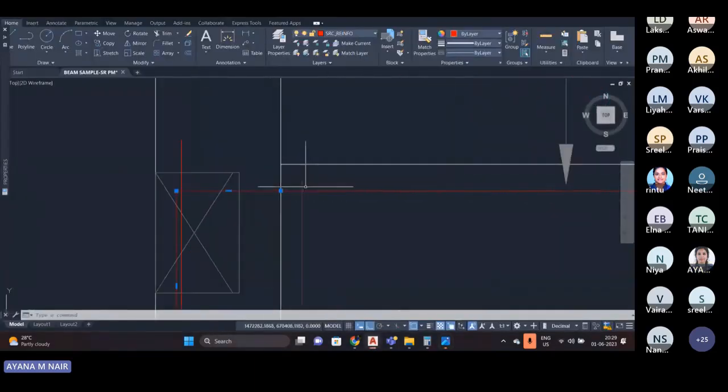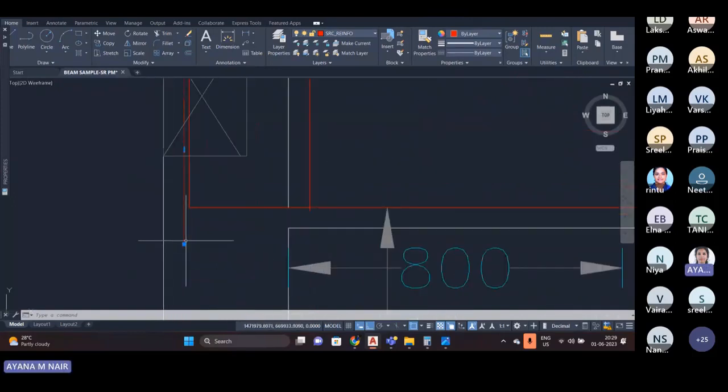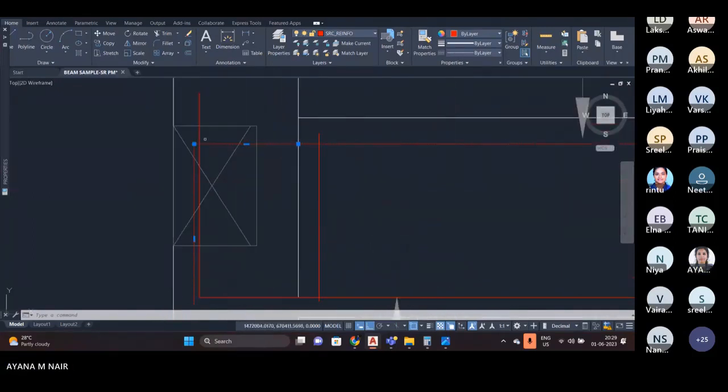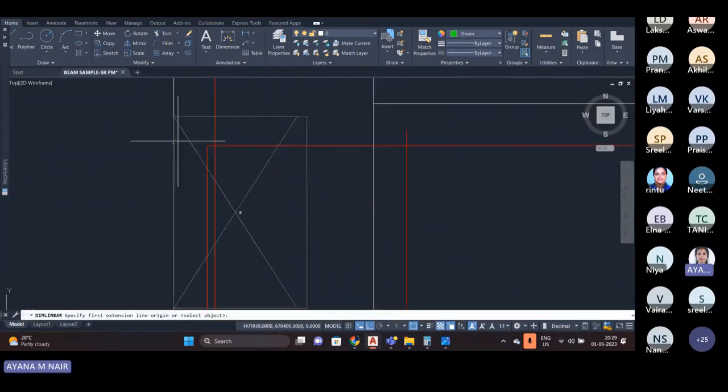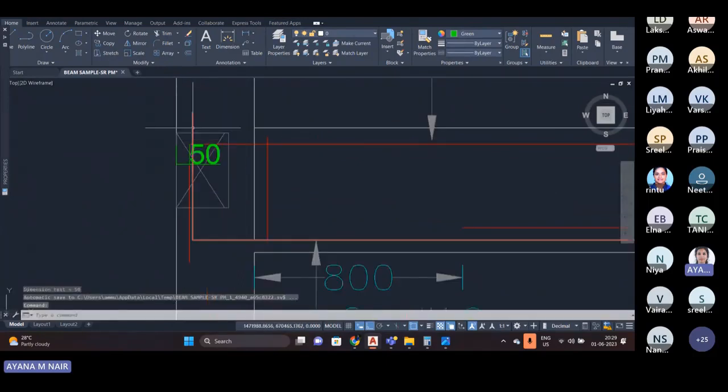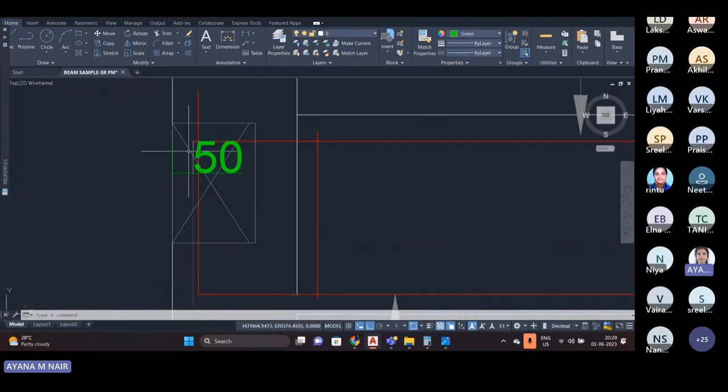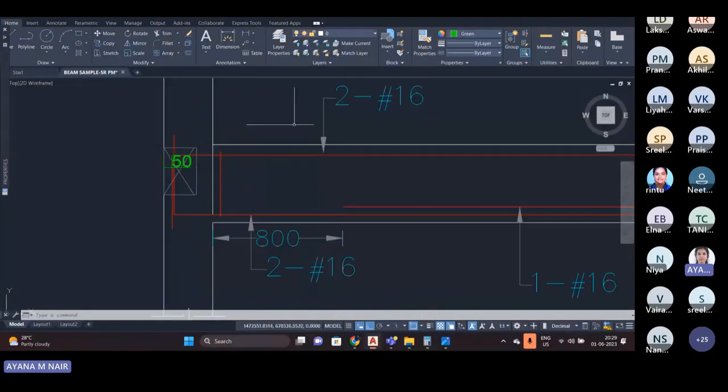For that, first you have to check this. It is 250. Okay. And this length is 475. But from the side of the column also, you have to provide a cover distance. Here it is 50. But in the case of the column beam junction, the cover to be provided is equal to the clear cover 50 plus half of the diameter of this bar.